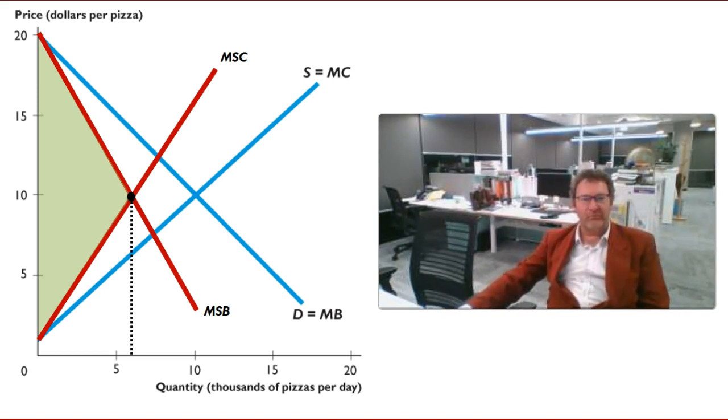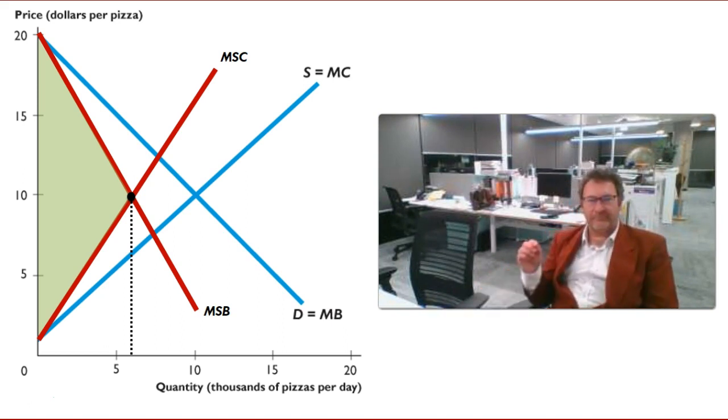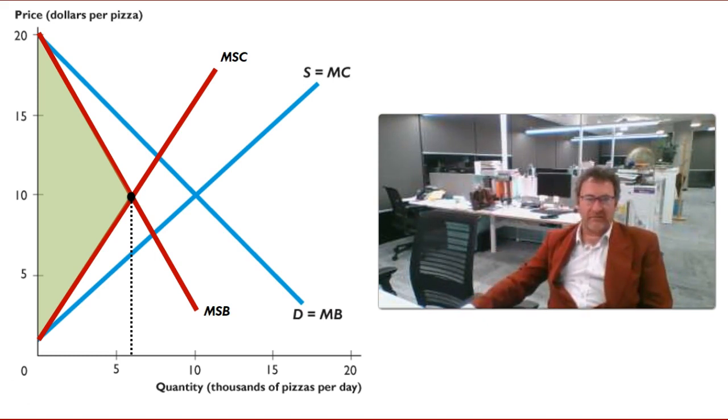Alright, but we can also see that in a free market environment, this will not be the output which is actually generated. The output which will actually be generated will be determined by the interaction of demand and supply. That is, the free market quantity is going to be here.